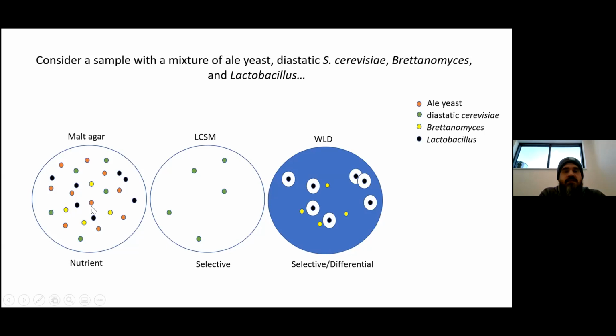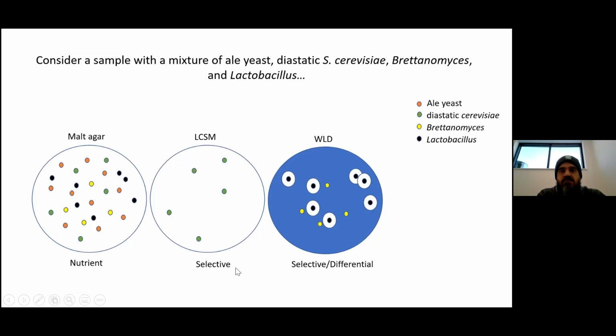And the dots basically show a colony, so a cell was deposited on that spot and grew up. So in something like malt agar, which is a nutrient medium and allows for the growth of anything, wherever that cell landed, it grows. Everything's growing, nothing's inhibited, because that's a nutrient plate.